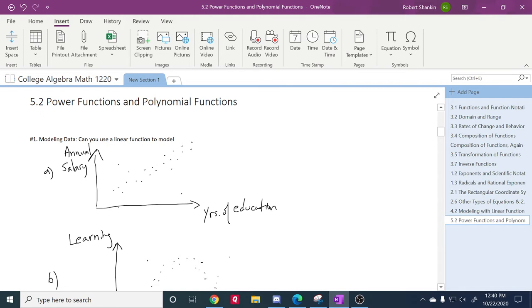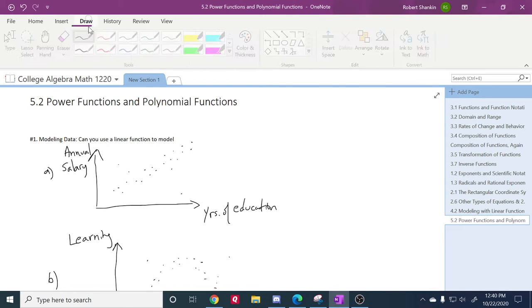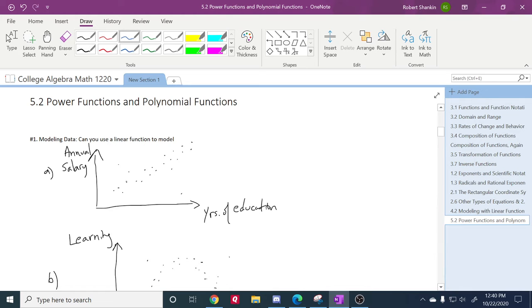There might be a person with very few years of education who has a lot of annual salary, and there might be somebody with a lot of years of education and very low annual salary. But basically, we could fit what we call a line of best fit through this. And we could probably model this with a linear function.